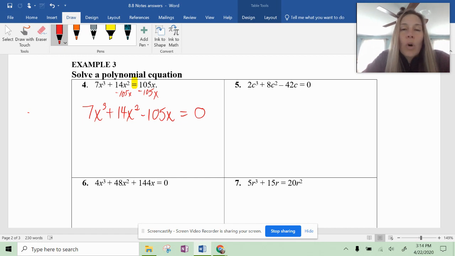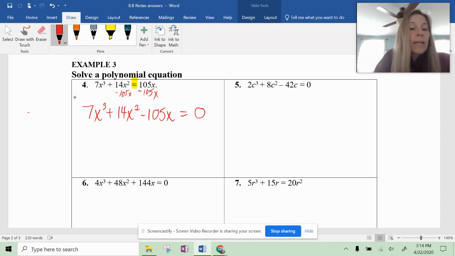Now, the second thing you should always do with factoring is look for a GCF. If you can take out a GCF of the entire polynomial, all the terms have to be able to be divided by that GCF, then you take it out. So 7, 14, and 105 are divisible by 7. And the other thing that you'll notice is they all have some version of an x. We have an x cubed, an x squared, and just an x.